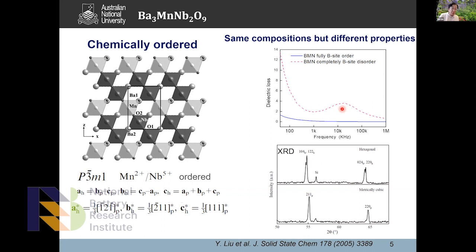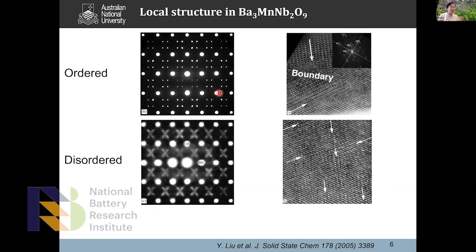I will show you more detail of what I did, because XRD gives only some peak splitting, so sometimes it is still very hard. That's why I looked at electron diffraction. The strong dots are the Bragg diffraction, same as you see in XRD, but what we couldn't see in XRD are the weak dots and this diffuse streaking, diffuse scattering.